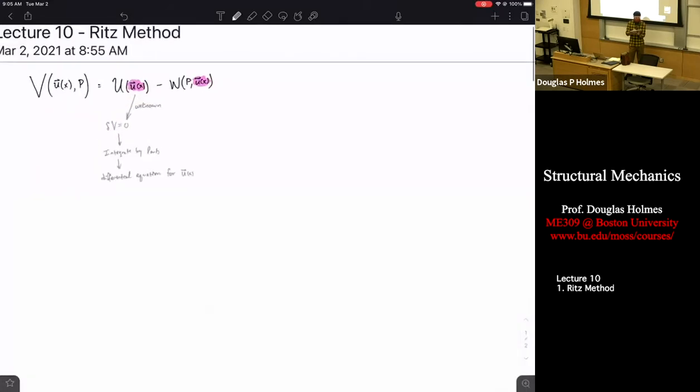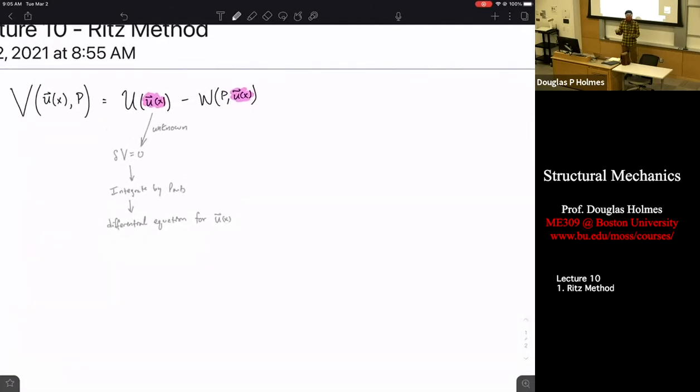Okay. So our first option is we say, I have no idea what my displacement vector is for my particular problem. We leave it as an unknown. We take the first variation of our total potential energy, turn the crank, do the variational calculus stuff that we practiced, and you arrive at a differential equation.